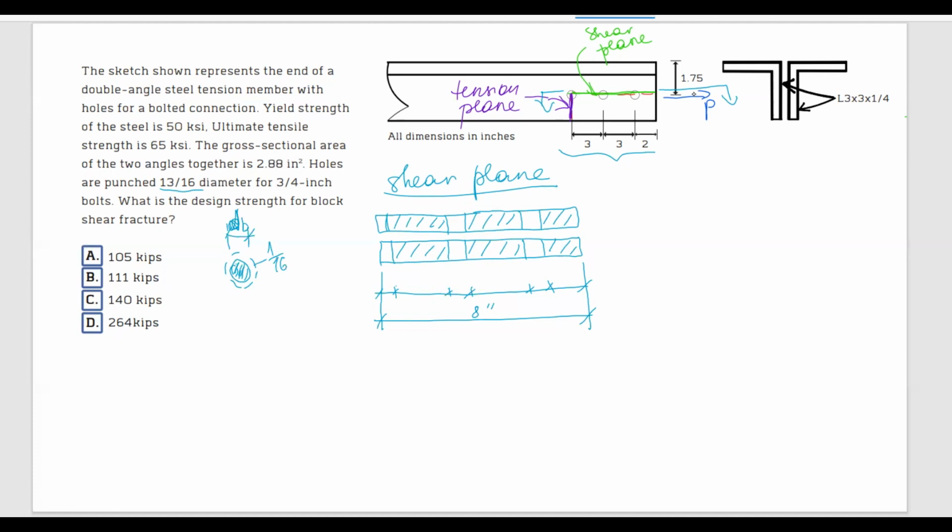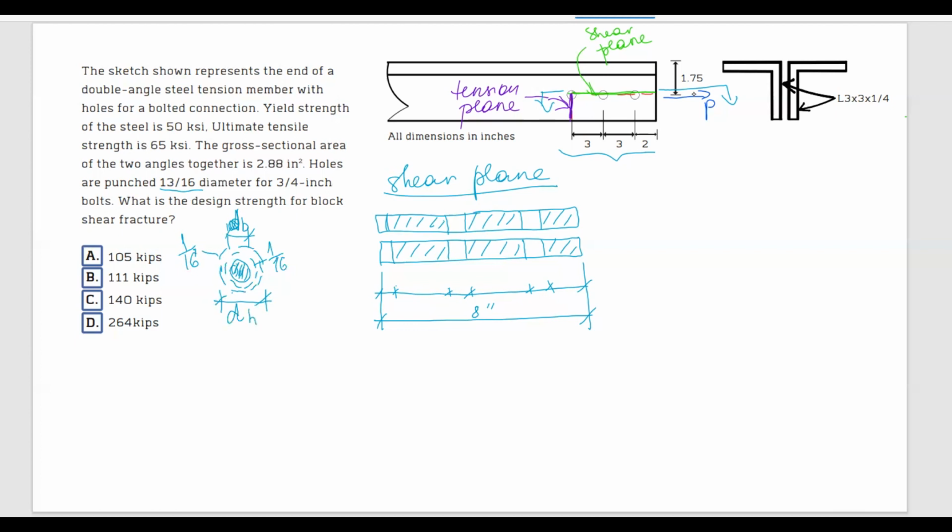In reality, when they punch the hole, they actually damage an area around that hole, which we cannot rely on for capacity. That dimension around the hole is another 1/16 of an inch. So the diameter is greater by another 1/16 of an inch, and this is the actual hole diameter we have to take into consideration.